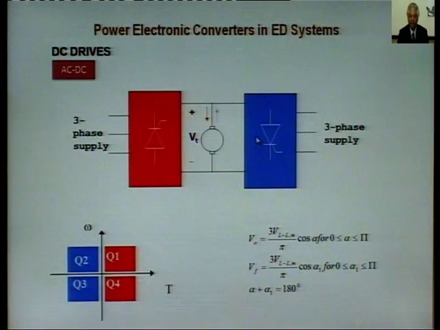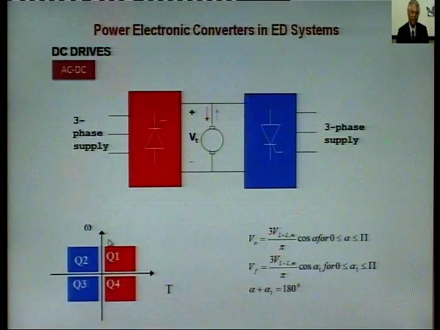Now, what is the basic difference? Same thyristor is being used, the only thing is the configuration is different. This thyristor rectifier will have to be triggered at an angle of 0 to 90 degrees. If the firing angle is 0 to 90, the 3-phase thyristor bridge will work as a rectifier, and if you go beyond it, more than 90, then it works as an inverter.